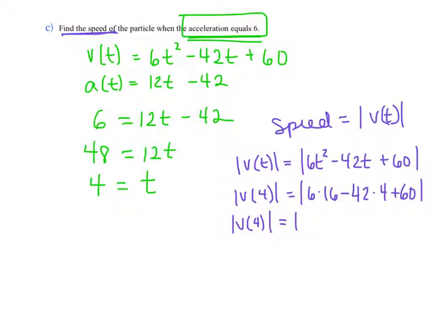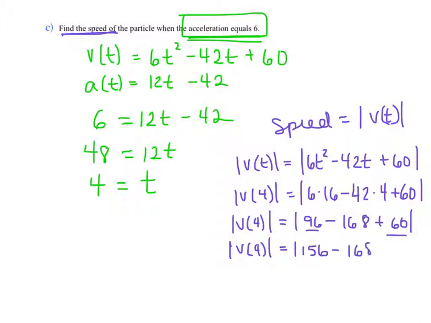So the absolute value of v of 4 is equal to 6 times 16. Well, that's 36, carry the 3, so 96, minus 42 times 4 is 168, and then plus 60. All right, 96 plus 60 would be the easiest way for me to go. So 96 plus 60 is 156 minus 168.